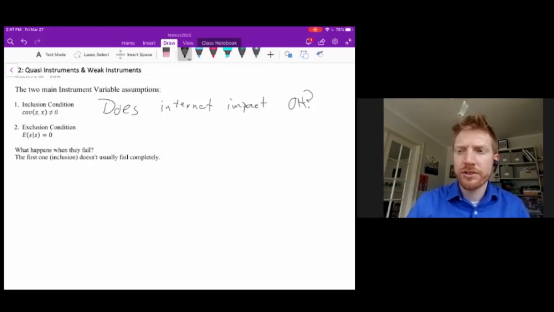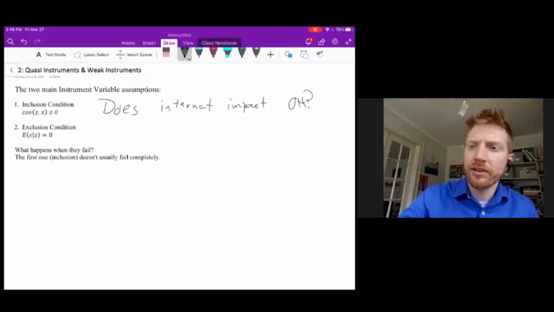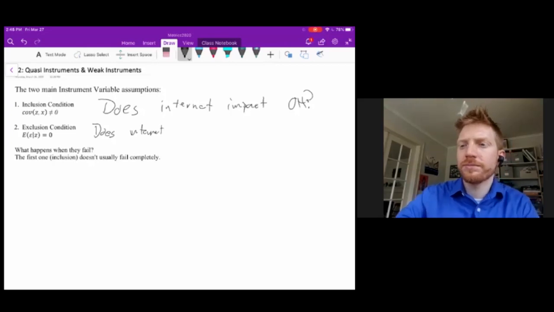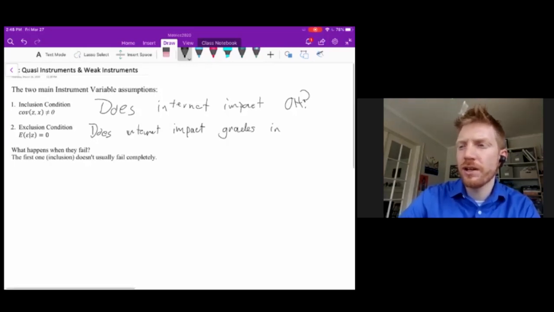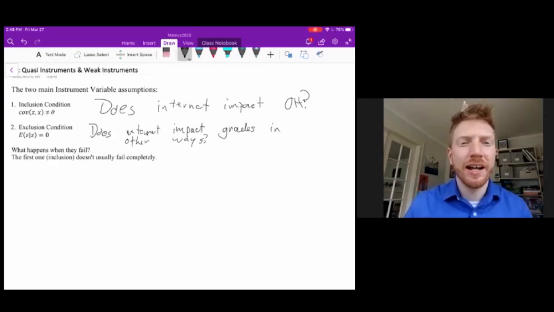The exclusion restriction is, does internet impact grades in other ways? So other than having an impact through office hours, does having internet impact grades?